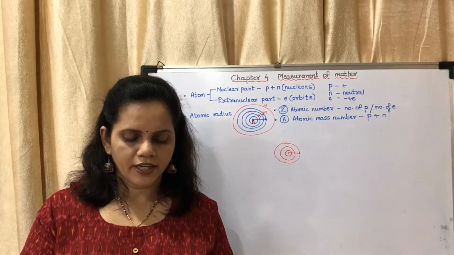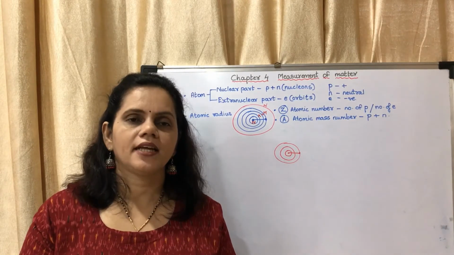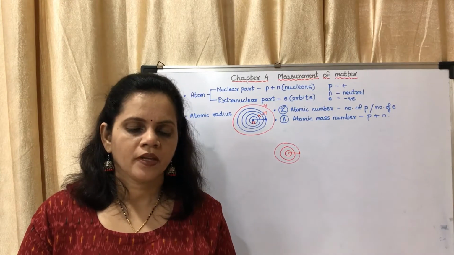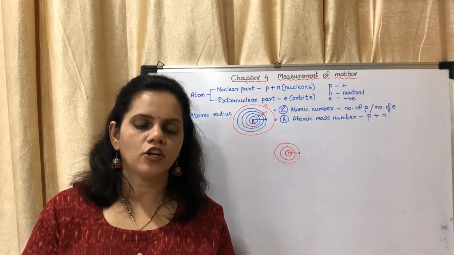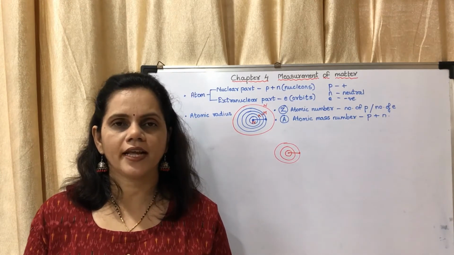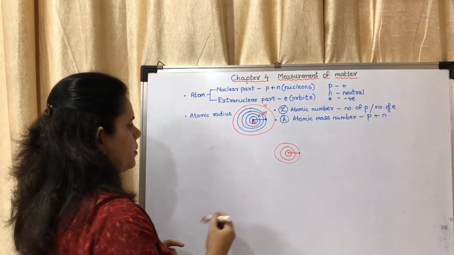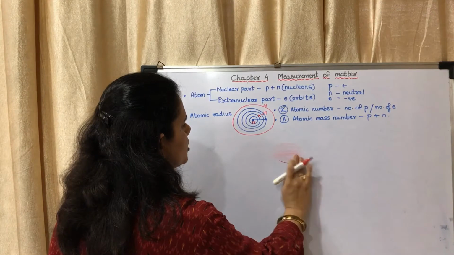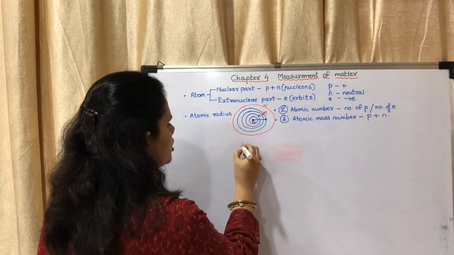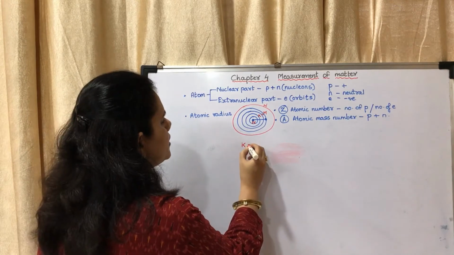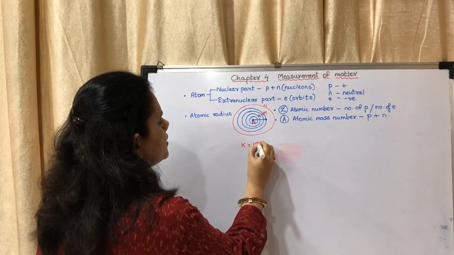On page number 48, figure 4.2, they have given an image of different atoms. Towards the right, the atomic size depends on the number of electron orbits in an atom. So you may see potassium. Potassium, its atomic number is 19, okay?